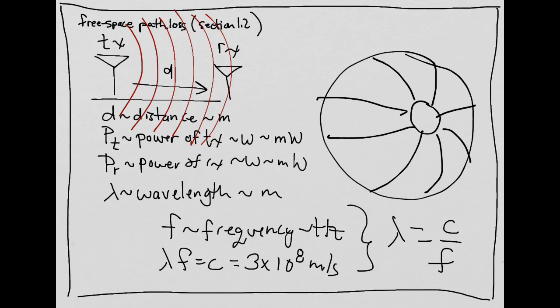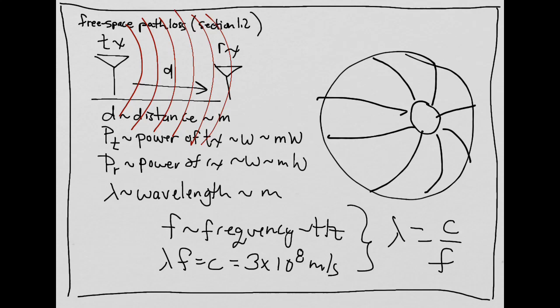Now, on the surface of this bubble we have all of the power that's being transmitted. So we have a power of PT that is equally spread out on the surface area.